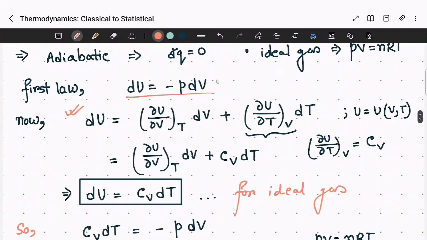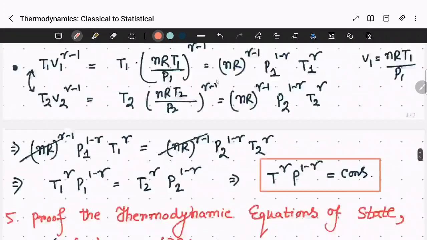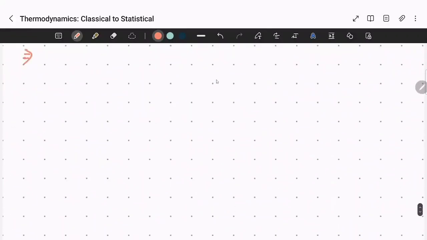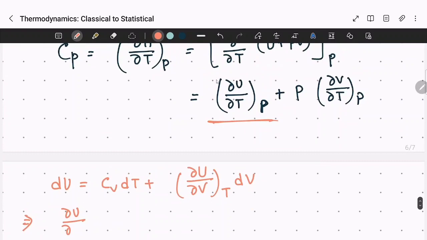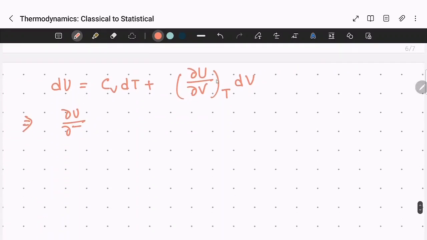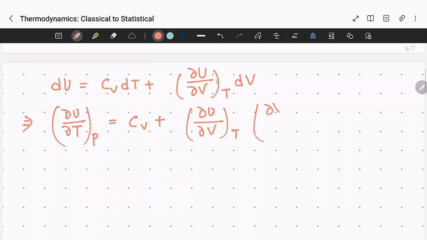Yes, Cv dT and (∂U/∂V) at constant T dV. Correct. Now it's right. So what we have to evaluate, (∂U/∂T) at constant P, this will be Cv, plus, just divide it by dT, (∂U/∂V) at constant T into (∂V/∂T) at constant P. Just I have divided with dT.